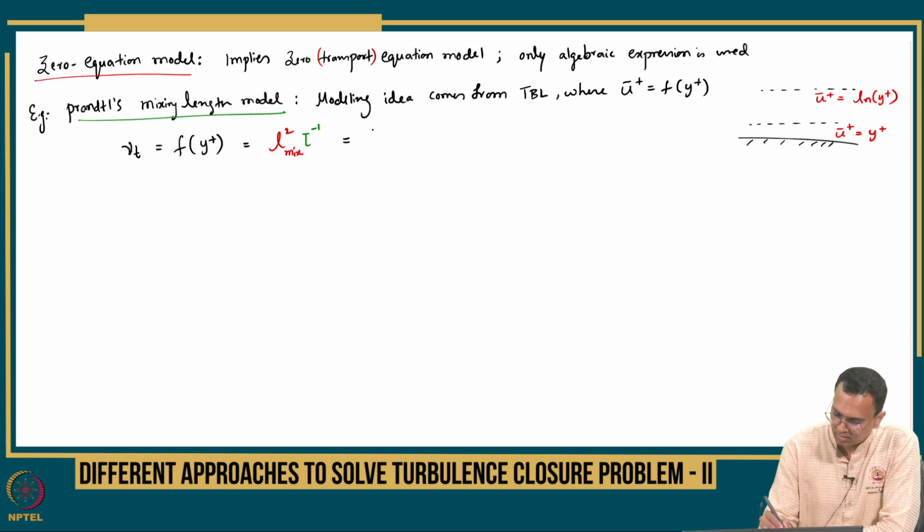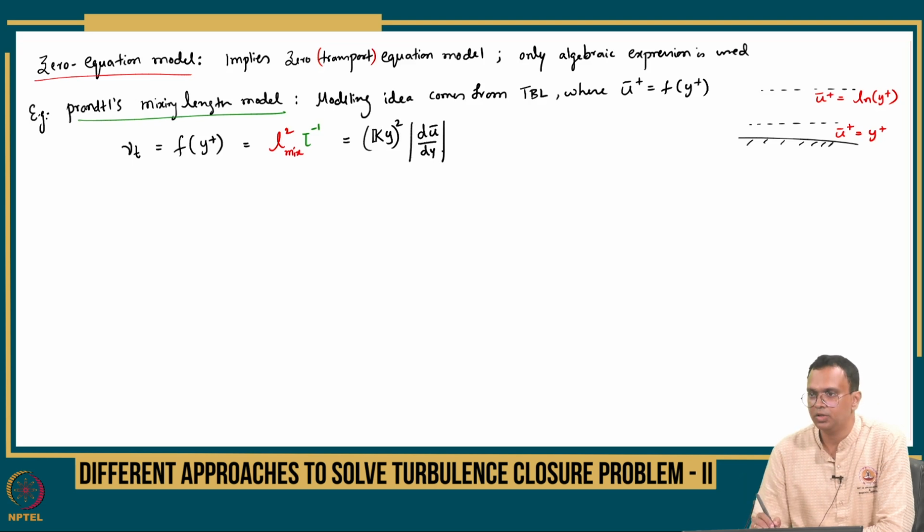So the model has what is called kappa y squared, and then a turbulent time scale is required. But the only available time scale here, not really a turbulent time scale, but some time scale, is basically your d u bar by d y. This is giving you a time scale.